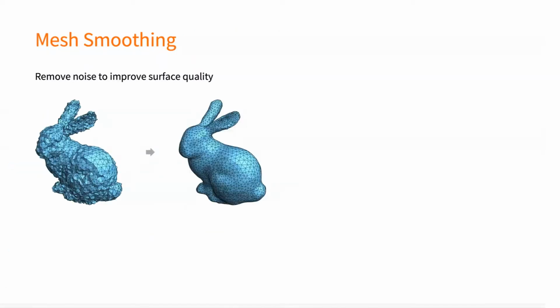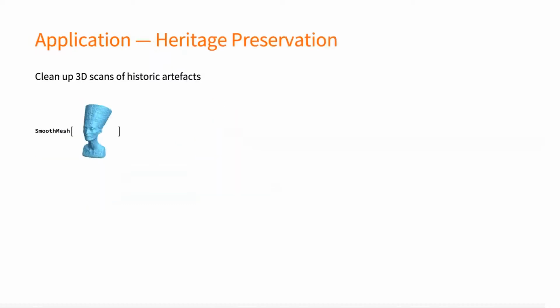Our next technique is mesh smoothing. Here the idea is to try to remove noise from a mesh that could have been introduced from something like 3D scanning. By removing it, we can create a nice smooth surface, which better represents the original object. One application of this is heritage preservation.